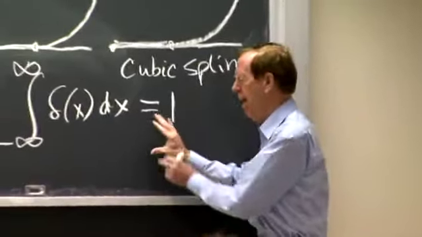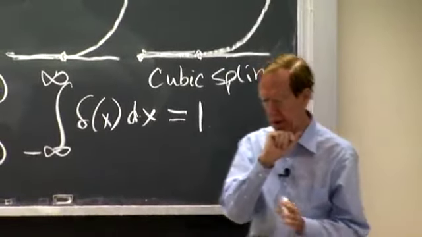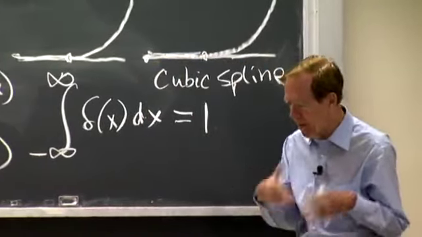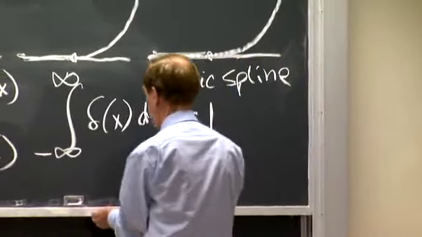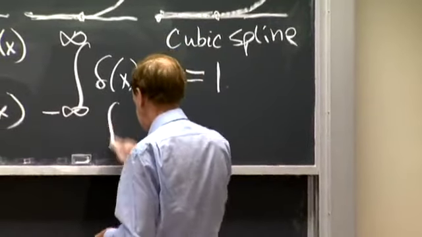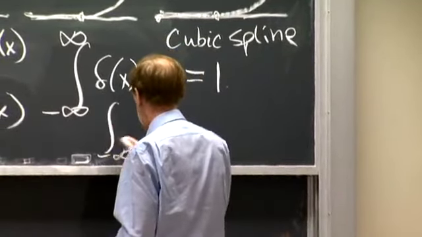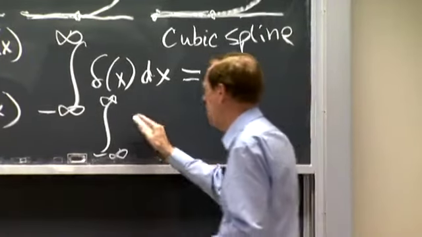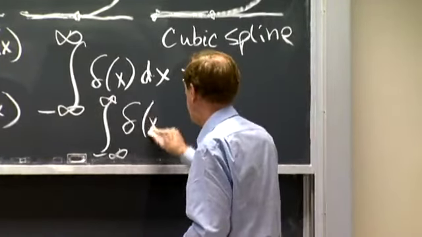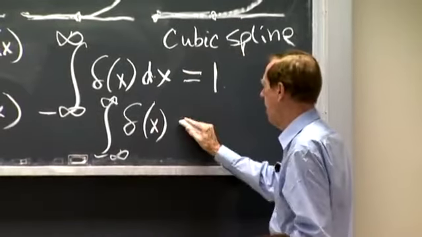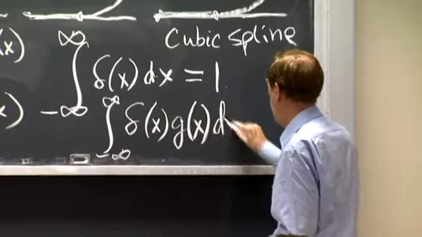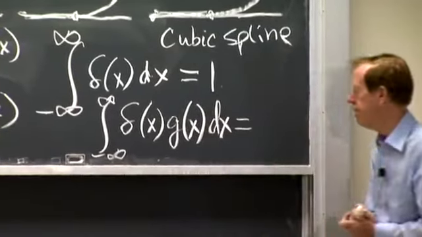Oh, well, while I'm writing down the central fact, let me write it more generally. Suppose I integrate, and this is where delta functions really show up, a delta function times some nice function. Now, have you ever thought about that?